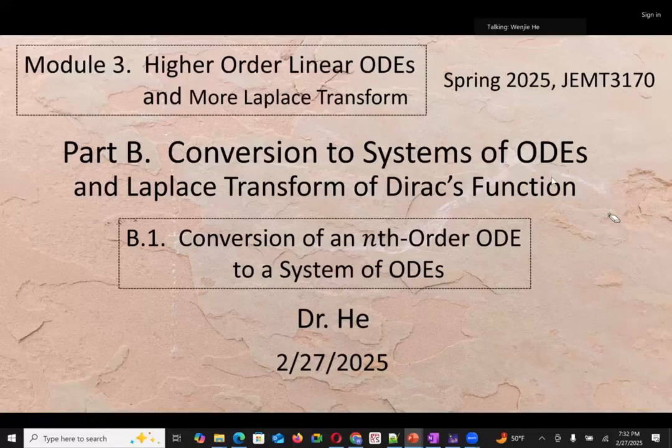The second part, Laplace transform of Dirac's function. Dirac function is closely related to the Heaviside function. But there is another special function. It is very important in engineering application problems. The first topic, B.1, conversion of an nth order ODE to a system of ODE.